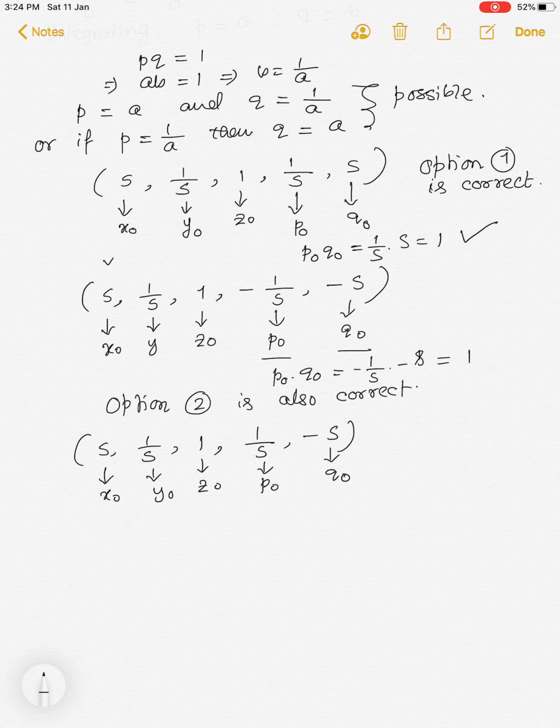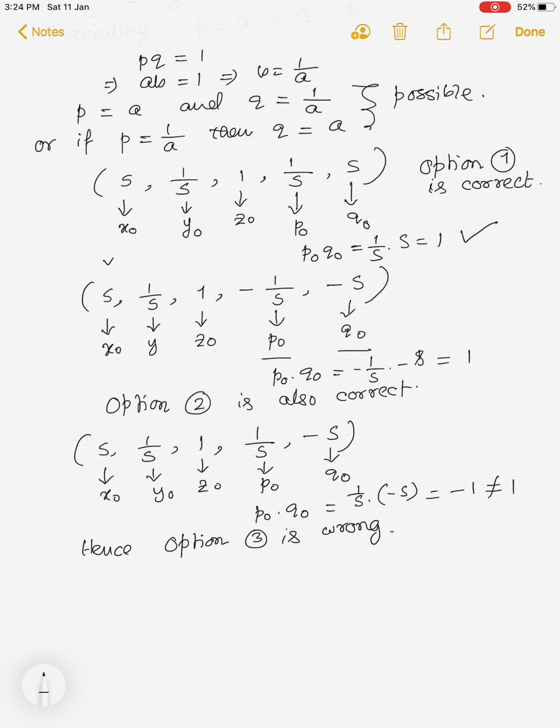Now the product of p0 and q0 is equal to 1 by s into minus s, which is equal to minus 1, which is not equal to 1, hence option 3 is wrong.